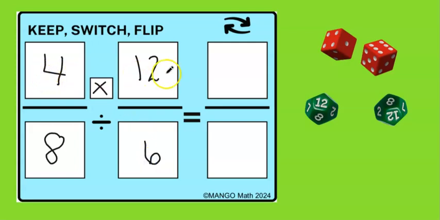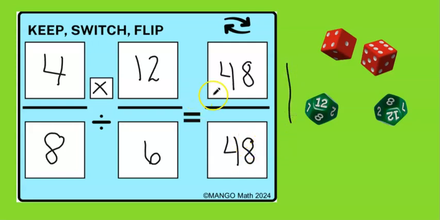Now I'm just going to multiply across. So 4 times 12 is 48. And 8 times 6 is 48 also. So my answer then becomes 1, because 48 over 48 is 1 whole. So that's what I get when I do my board.